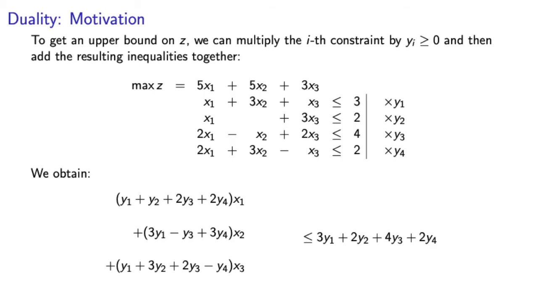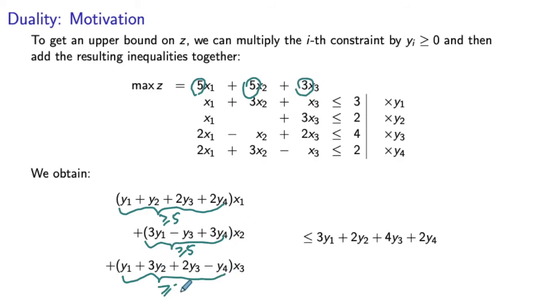So then, if we ensure that this coefficient for x1 is at least as large as the coefficient for x1 in the objective, meaning that it is greater than or equal to 5, then the coefficient for x2 is at least as large as the coefficient for x2 in the objective, greater than or equal to 5 again, and the coefficient for x3 is at least as large as the coefficient for x3 in the objective.